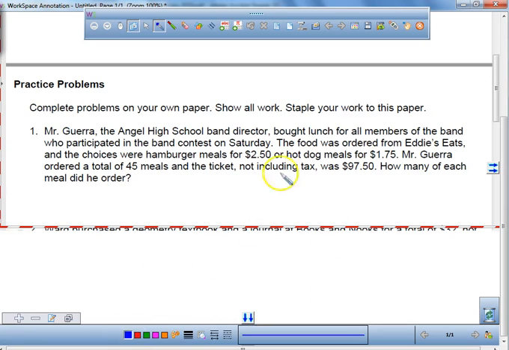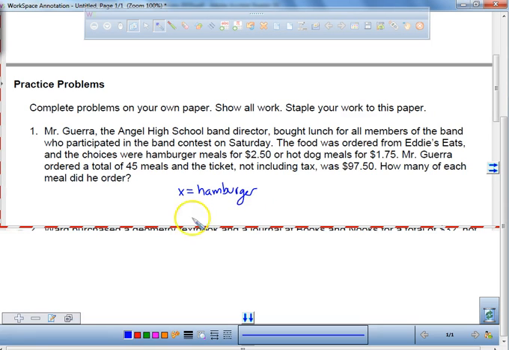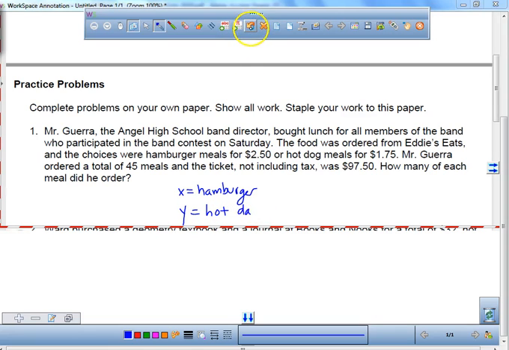Alright. When we wrote this one out, we said x was equal to hamburger, put HA in, y equals hot dog. So we identified the x and the y. And these are the system of equations.